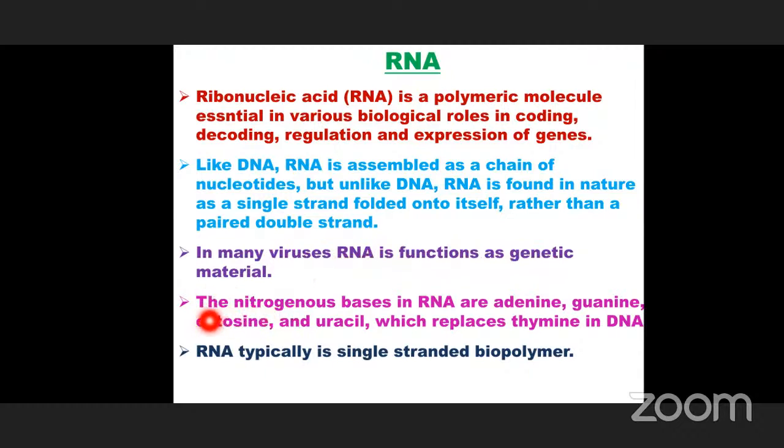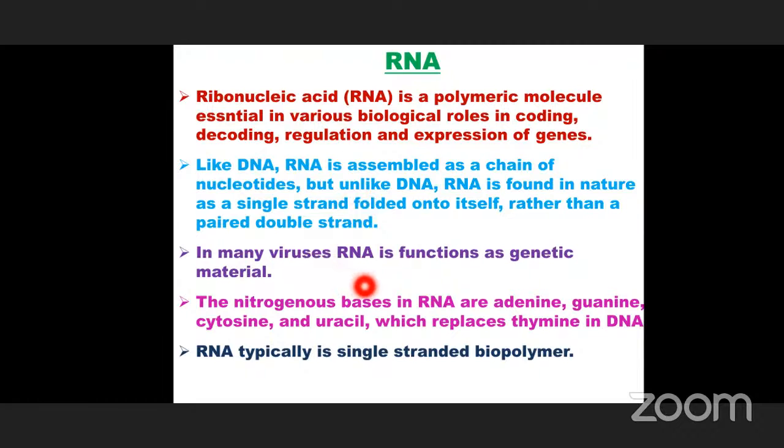Next, the nitrogen bases in RNA are adenine, guanine, cytosine and uracil. This uracil replaces the thymine in DNA. In the previous class we already discussed the nitrogen bases. Two types of nitrogen bases are there, purines and pyrimidines. Adenine and guanine are purines, thymine and cytosine are pyrimidines.